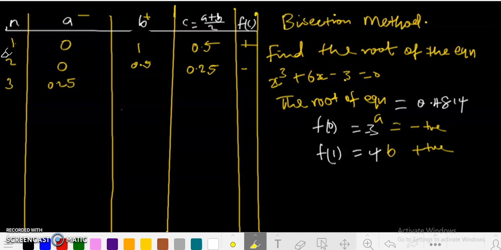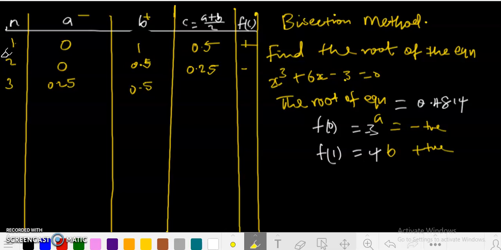It is good to number them so that you can always go back in case there is confusion along the way. Remember, this is numerical analysis and you have to pay attention to errors. Here 0.5 is the positive value, so we retain 0.5. Evaluate that: A is 0.25, B is 0.5.